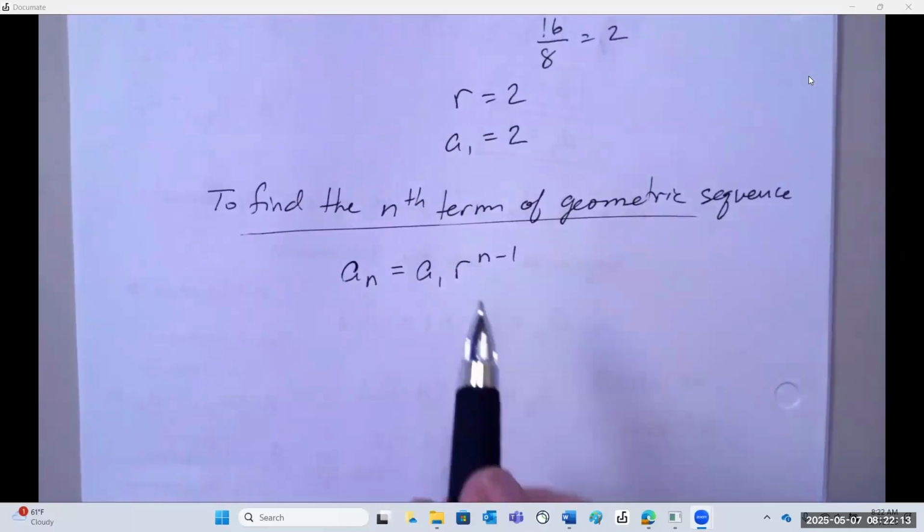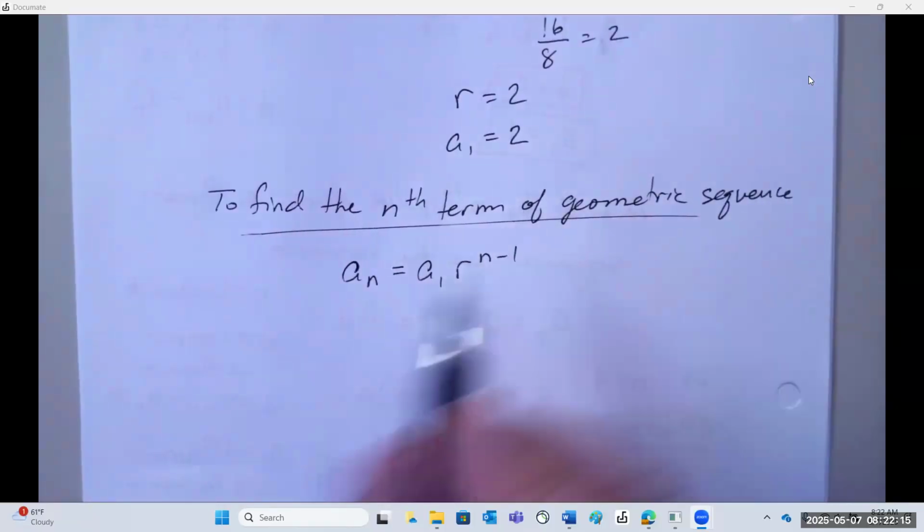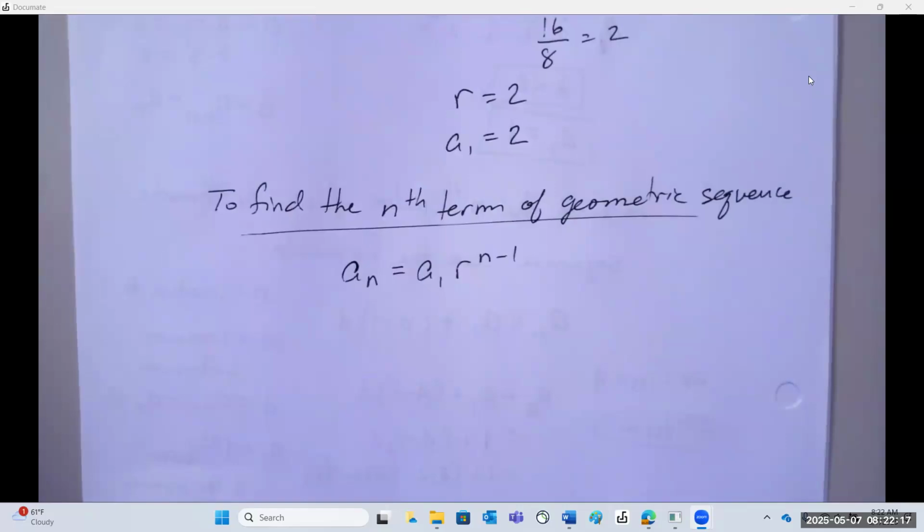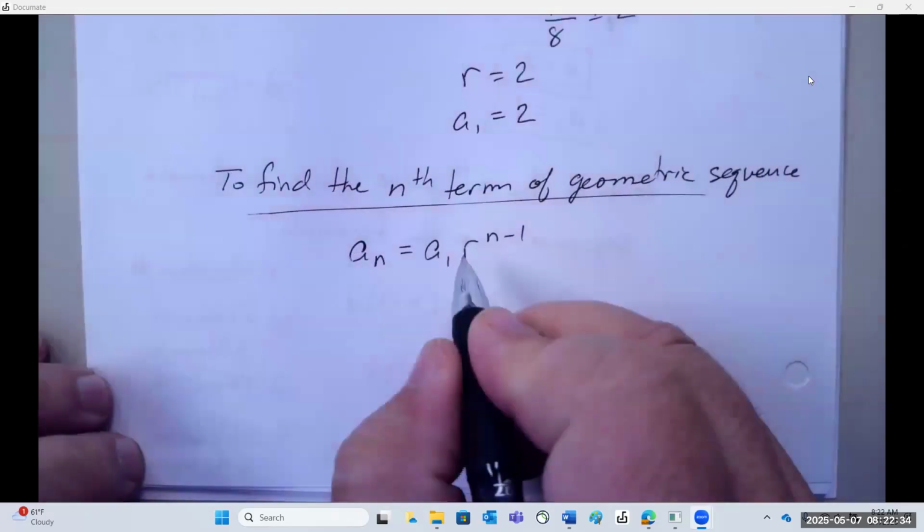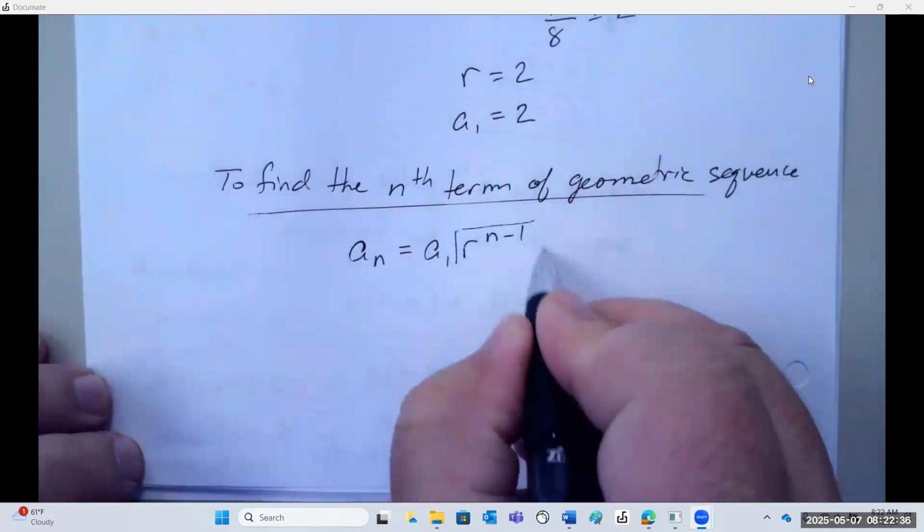Why is it multiplied? Why is this an exponent?